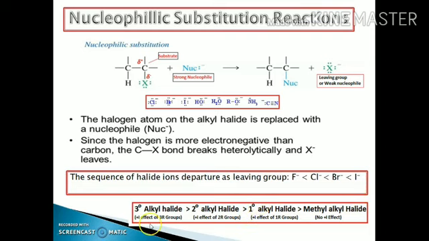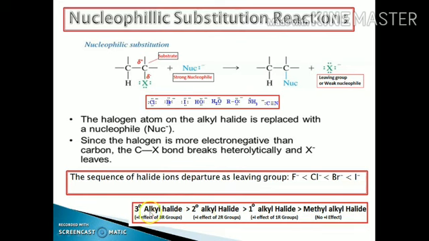The difference in the reactivity of the various haloalkanes also depends on the nature of the alkyl group, which influences the polarity of the carbon-halogen bond, as the alkyl group is known to exert a +I effect. Greater the number of alkyl groups, greater will be the reactivity. This accounts for the order of reactivity of haloalkanes having different alkyl groups.